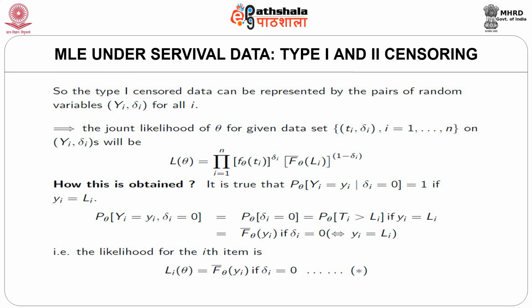Now this is nothing but capital F bar theta at the point small yi when yi equal to capital Li, that is when delta i equal to 0. Or we can say that the likelihood corresponding to ith item is capital Li theta, and that is equal to capital F bar theta at the point small yi if delta i equal to 0 or equivalently if yi equal to capital Li. Let us denote this relation by star.